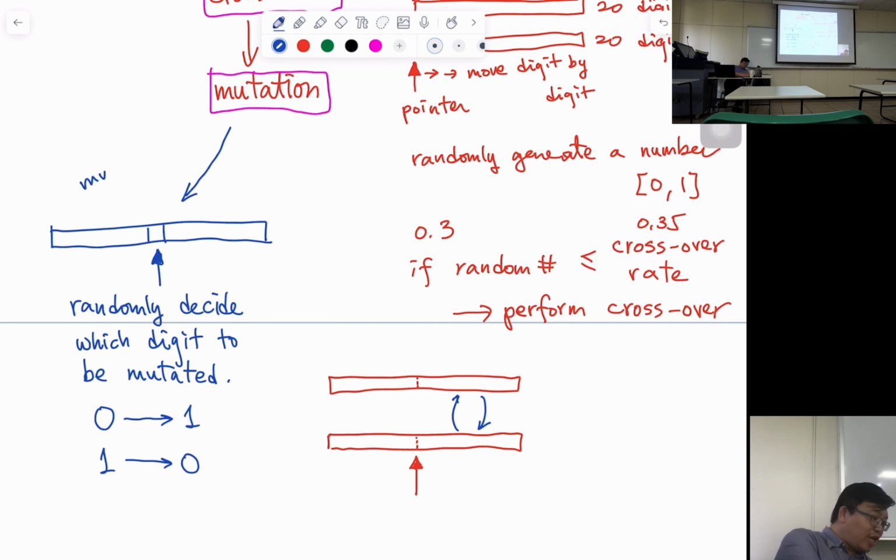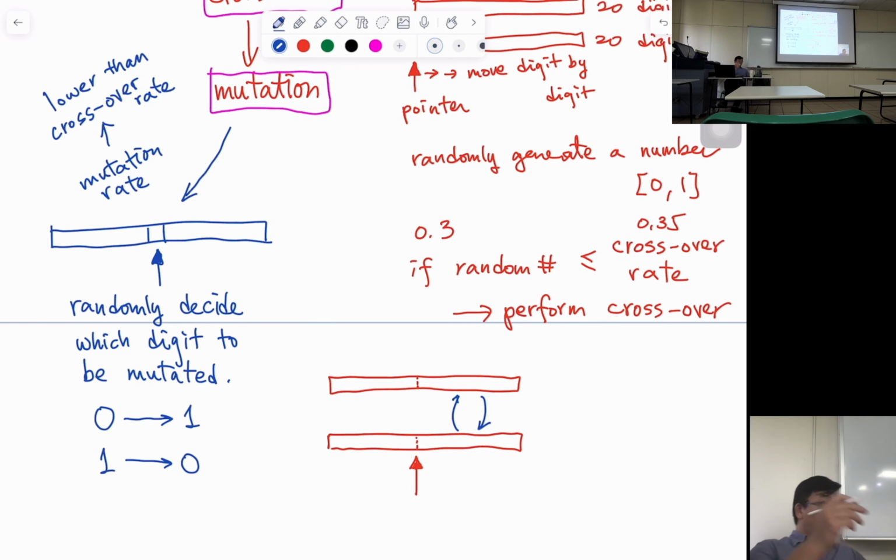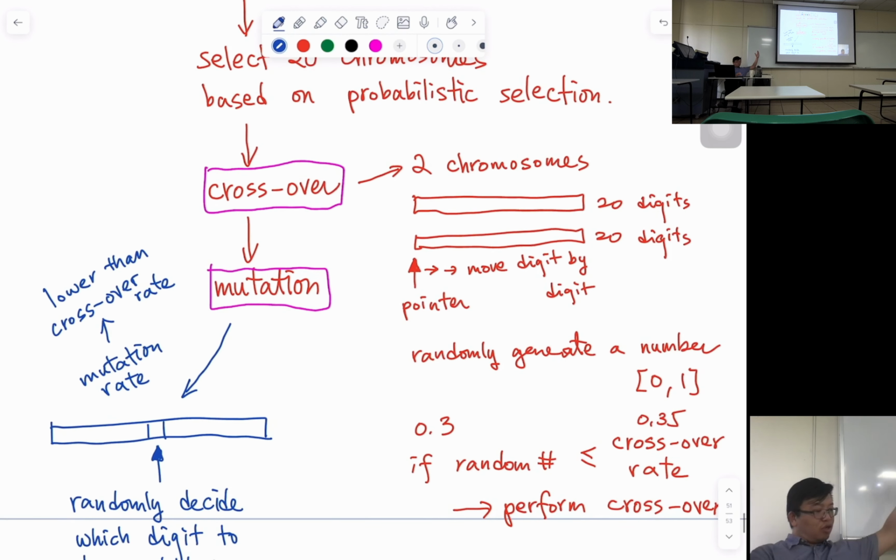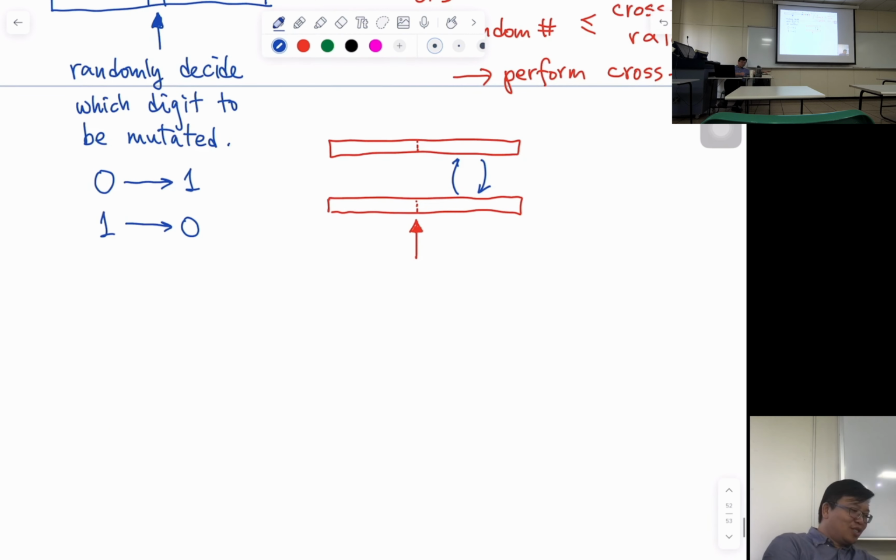So usually the mutation rate is lower than the crossover rate. Once you perform crossover and mutation, at the end you will have a bunch of new chromosomes.